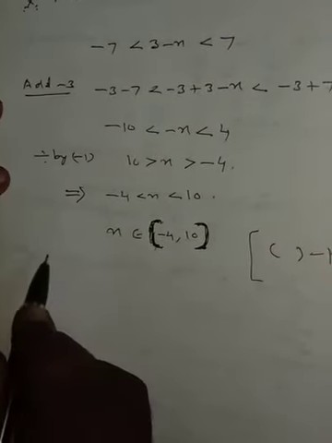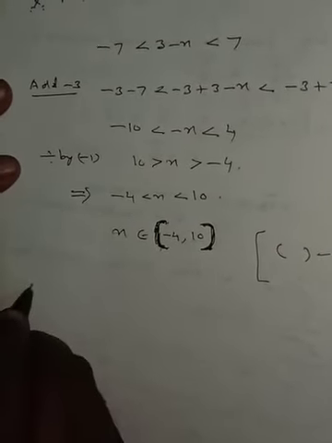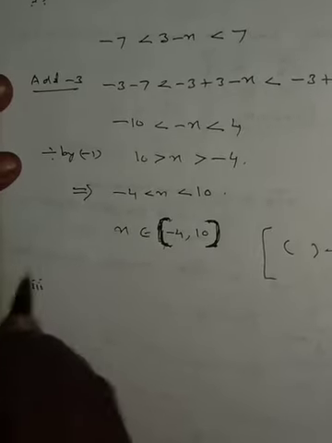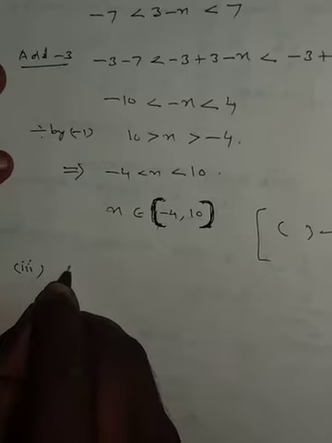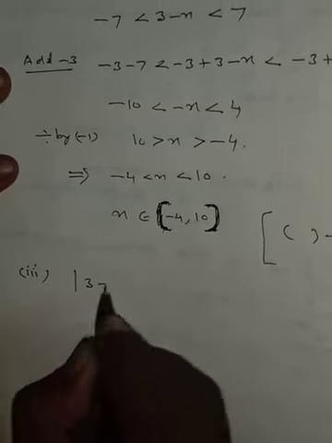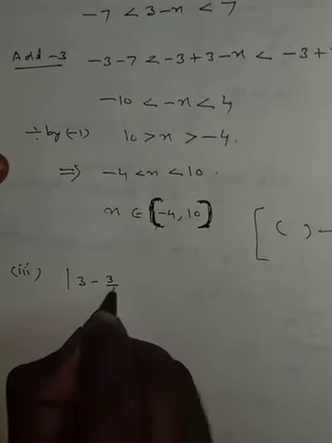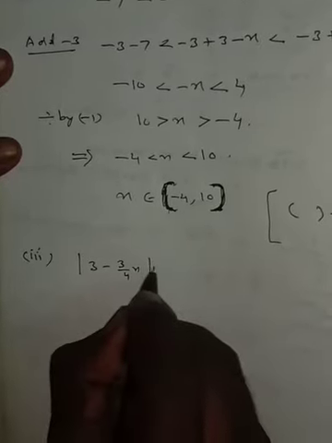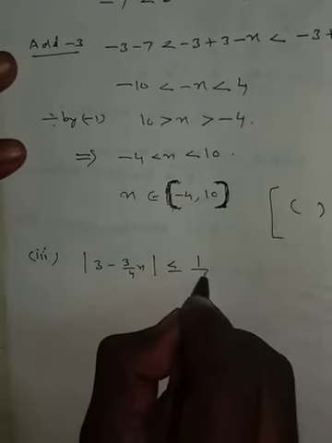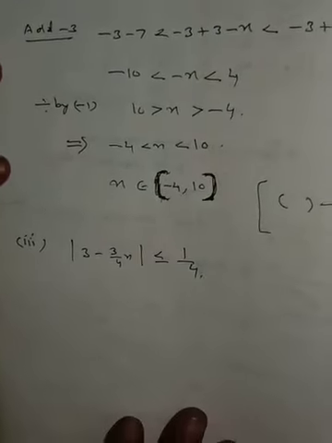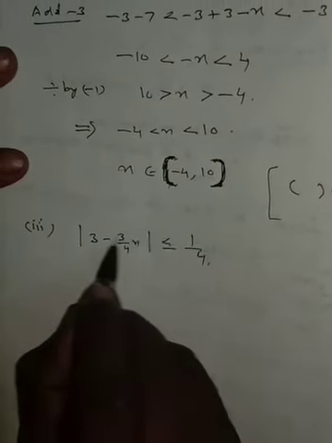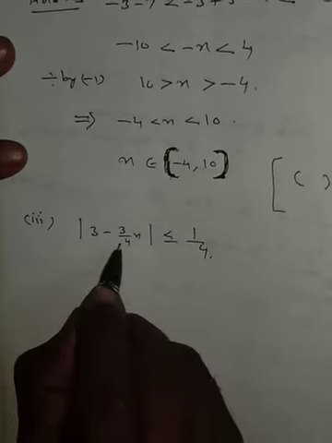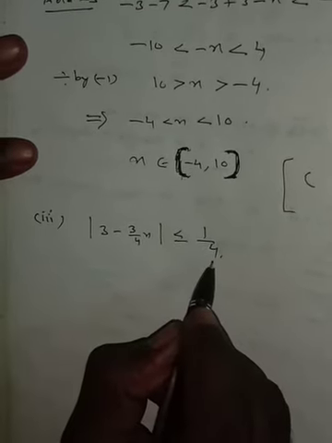Next question, subdivision number 3. Solve for x: 3 minus 3 by 4x is less than or equal to 1 by 4. Now 3 minus 3 by 4x is m, 1 by 4 is s.